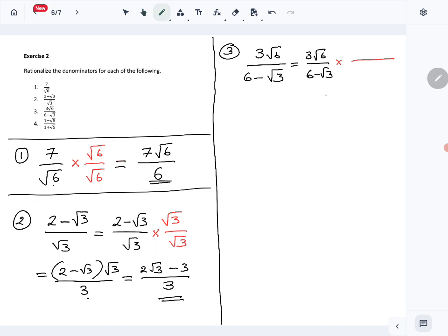Just change the middle sign. That's all you do. And multiply by that number both the numerator and the denominator. So if you have a minus here, you change it to plus. If you have a plus here, you change it to minus, right? This method is called multiplying by the conjugate of the denominator.